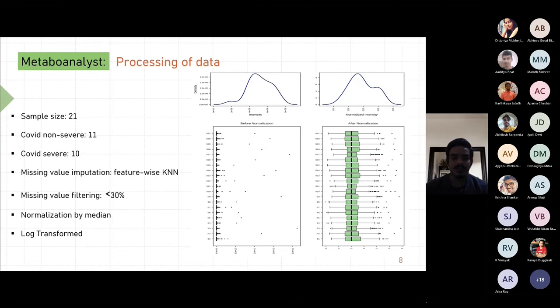So we set missing value filtering so that proteins which have more than 30% missing values are filtered. And then we normalized by median and log transformed so that the chance of run-to-run variation becomes less.